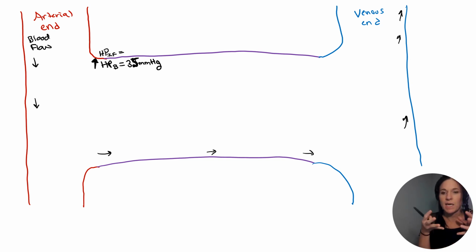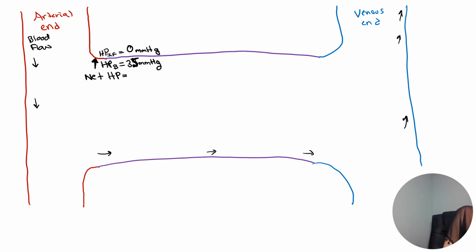But we said this isn't contained, so the force is not going to be great. In fact, it's going to be equal to 0. So we can calculate our net hydrostatic pressure, and it's going to be equal to our blood hydrostatic pressure minus the interstitial fluid hydrostatic pressure. And this is going to give us 35.